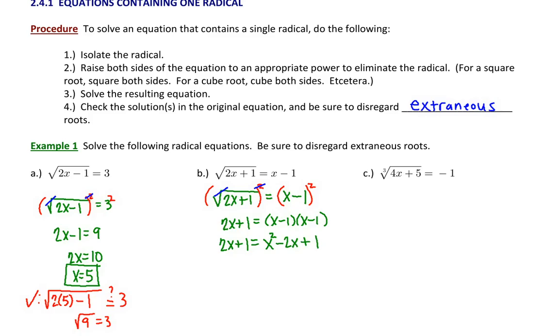Now over here on our previous example, when we eliminated the radical, we ended up with a linear equation, and we isolated x to solve the equation. Here, when we eliminated the radical, notice we have a quadratic equation. Because the category is different, I'm going to apply a different process to solve it. Now, generally, I'm either going to try to factor it, or to do the quadratic formula, or perhaps the square root method.